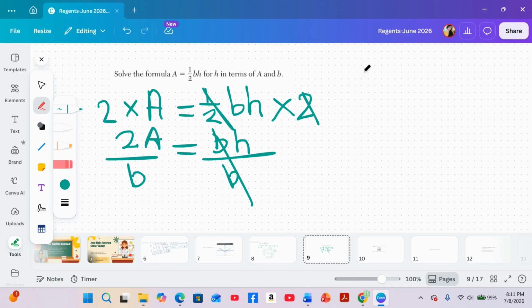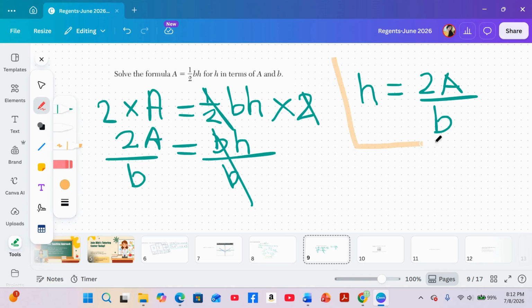So our final answer, H is equal to 2A divided by B.